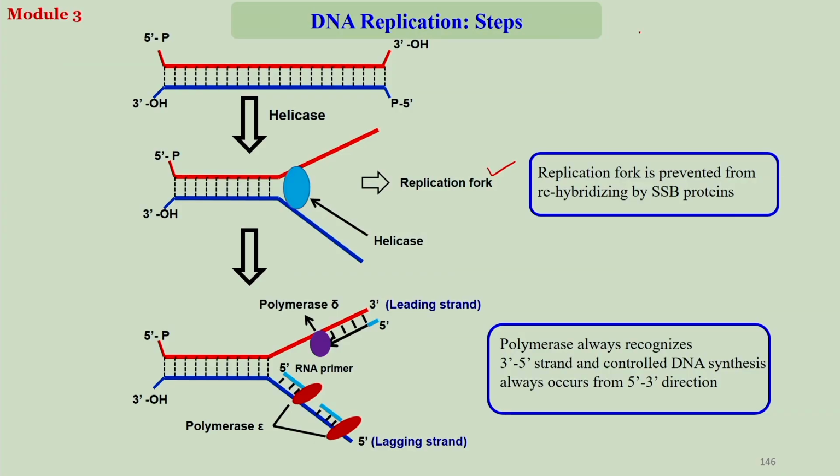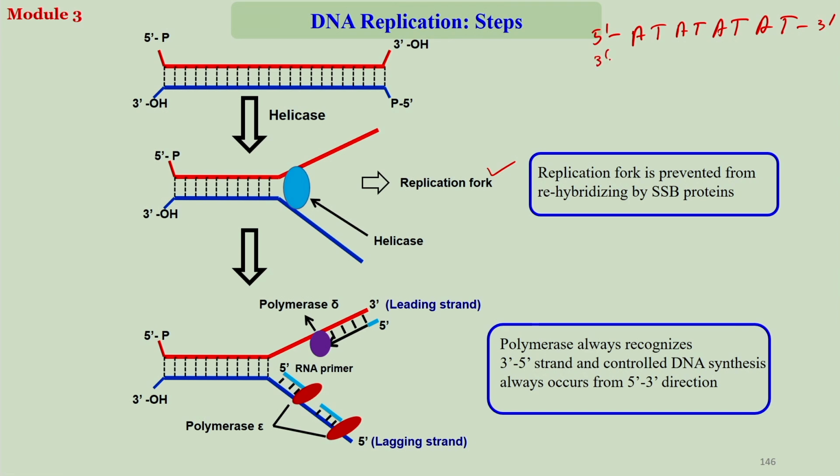So, if you have a double stranded DNA, maybe all A, 5 prime to 3 prime.